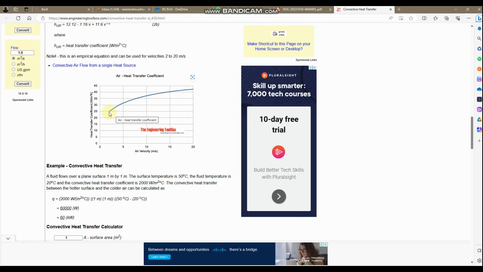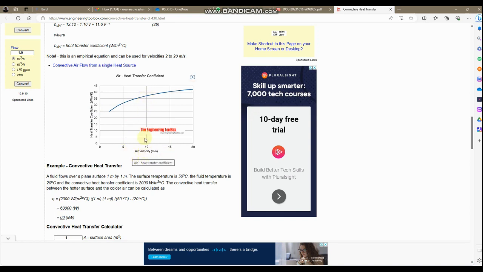And I haven't explicitly stated what the air velocity is in the problem statement. Therefore, let me assume that the air velocity is at its least and take 25 as the heat transfer coefficient. That's something you can do if I haven't explicitly stated the air velocity.